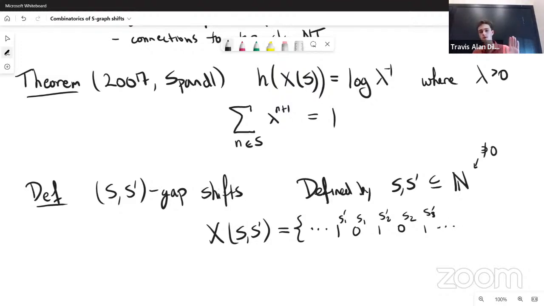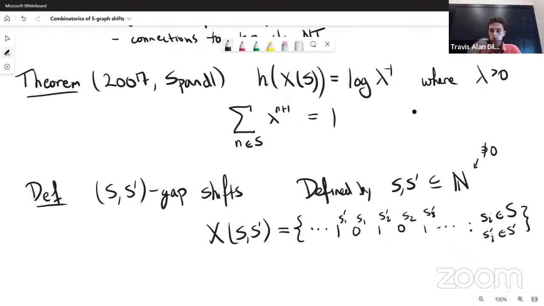So it's the set of sequences that have this particular form, where S_i is an element of S and S_i prime is an element of S prime for every value of i. So this is just an extension, and you can see directly that it includes all of S-gap shifts and also some more.